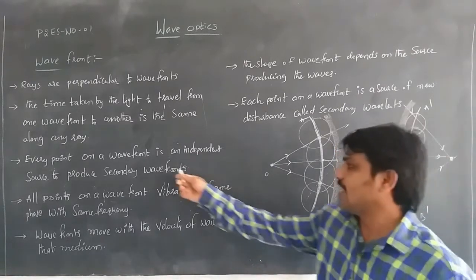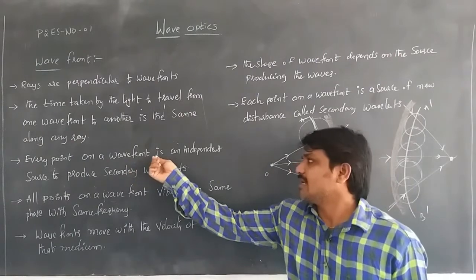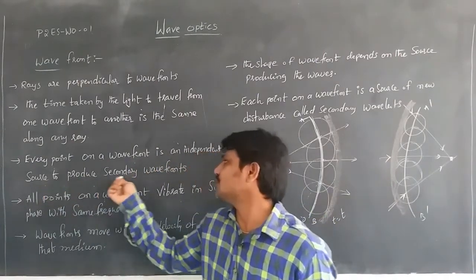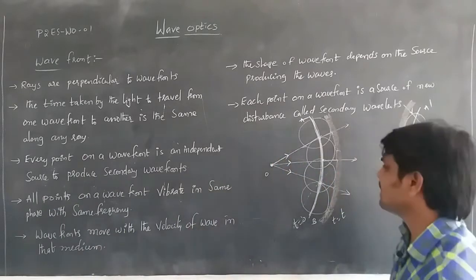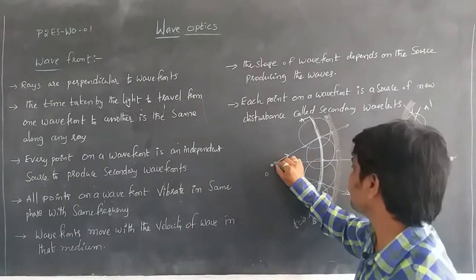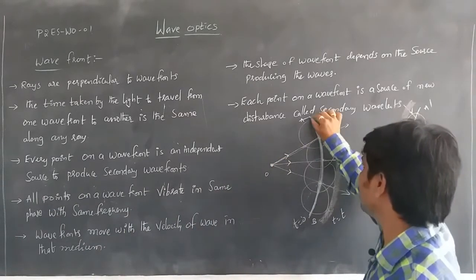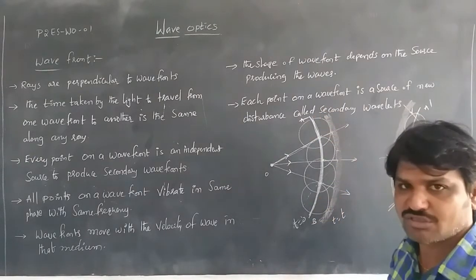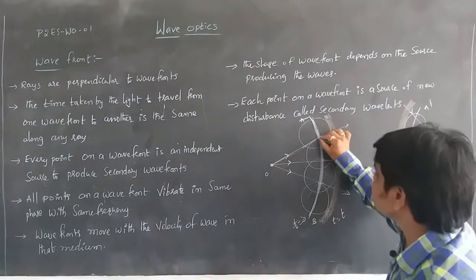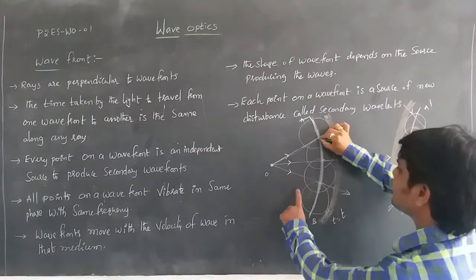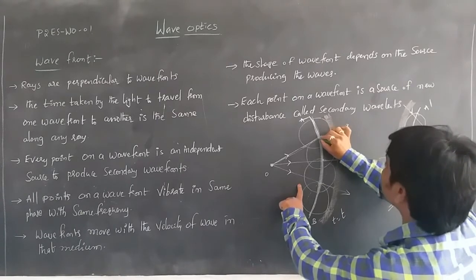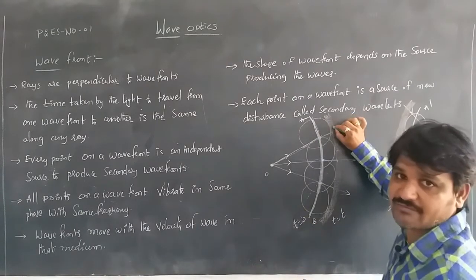Next one, every point on a wavefront is an independent source to produce secondary wavefronts. Here, when the light is moving, one of the points is vibrating. Considering t equal to 0, that is the wavefront, and this is the independent source. It acts like the source for the second wavefront.